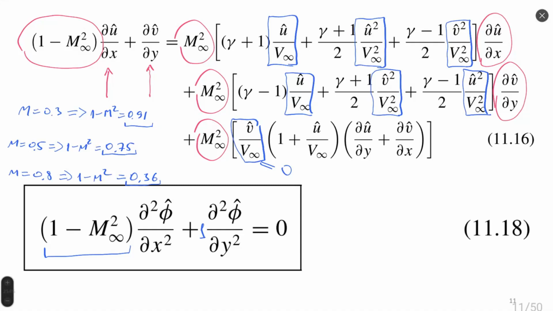Such an equation describes for us compressible flow around an aerodynamic body, right? And as a solution, we receive the potential function, which afterwards could be easily transformed to velocity components and to other properties according to the isentropic nature of the flow.